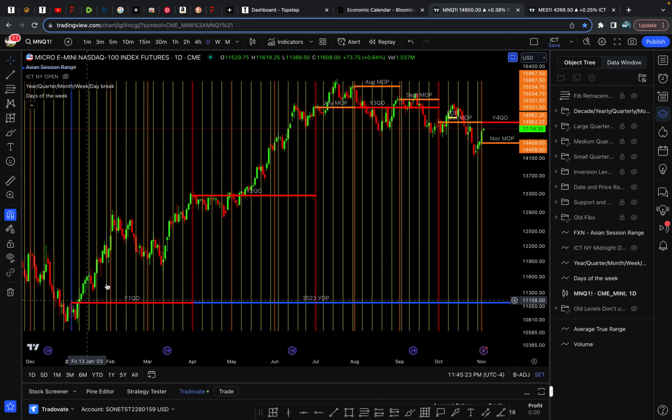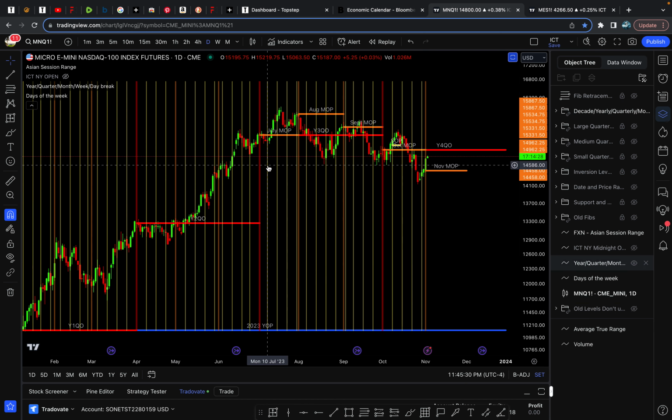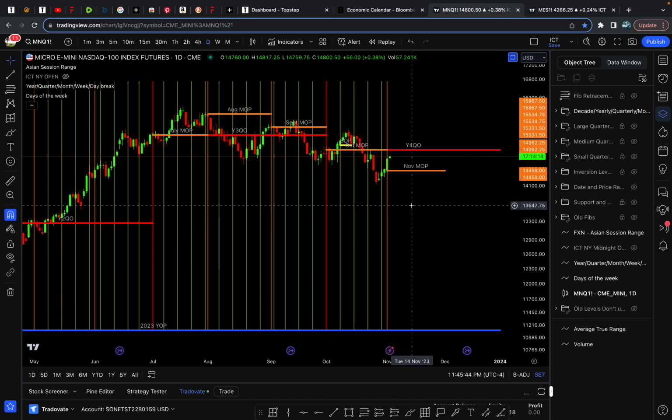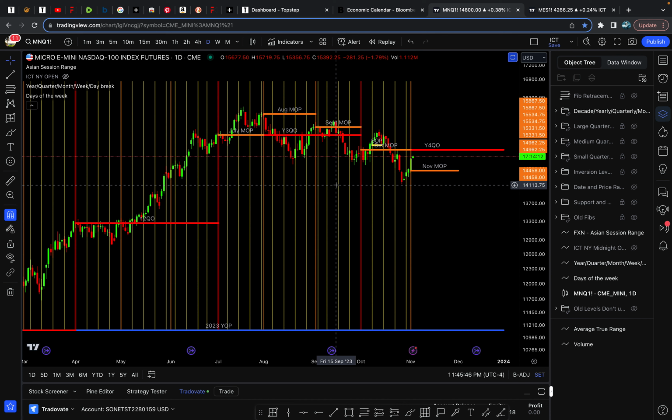So first quarter started low, went up. Second quarter it dipped down a little bit and then went up. Third quarter it went up a little bit, came down, went back up and came back down. Here in the fourth quarter, the yearly open, as you can see, we dipped down.